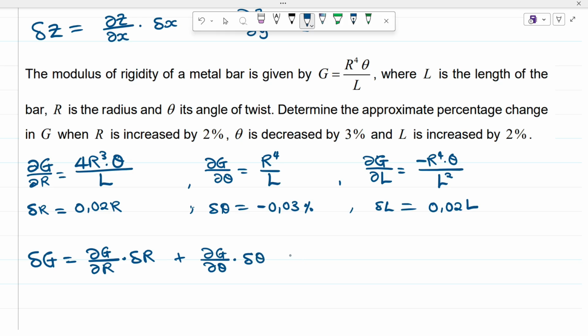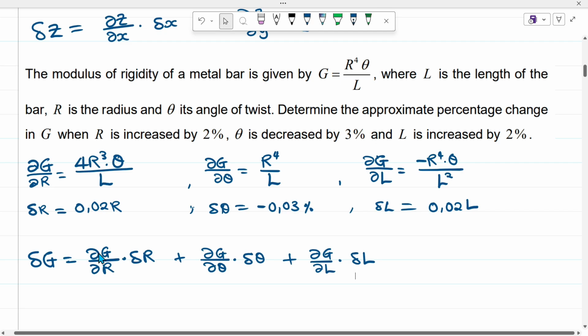In theta. And then plus what? Plus the last one, the partial derivative of G with respect to L. We are going to multiply by the percentage change in L. So always, guys, if you wrote the formula of the partial derivative of G with respect to R, you should multiply with the percentage change in R. If you differentiate with respect to theta, you should multiply with the percentage change in theta, and like that.